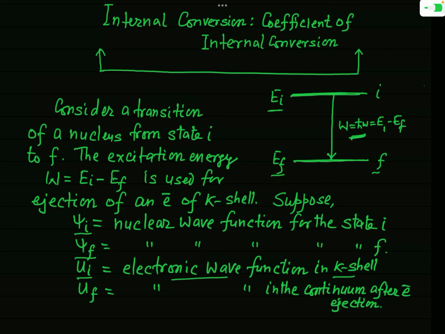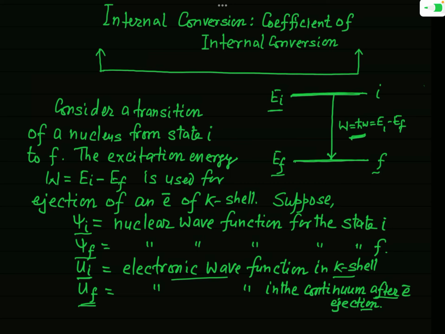When the electron is ejected from the K shell, the state of the system changes, and we consider that UF is the electronic wave function in the continuum after electron ejection. This electronic wave function UI is for an electron present in the K shell, so it is just like a hydrogen-like atom.